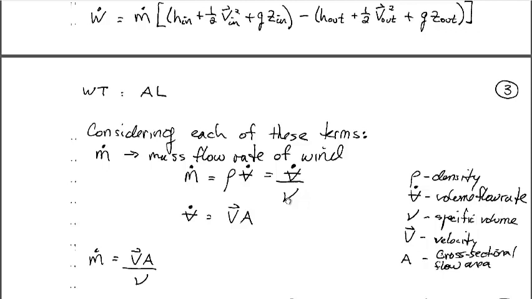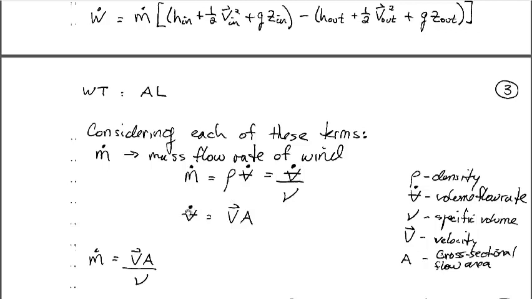So rho is equal to 1 over this little v, which is actually the Greek letter mu. This Greek letter mu is what we call the specific volume, or the volume divided by the mass. So it would have units of cubic meter per kilogram, for example.